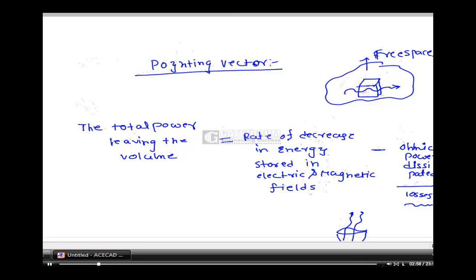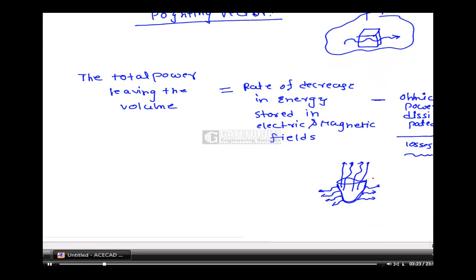So the rate of heat decreasing from the upper side, and some losses due to this vessel surface. Okay, so we can compare with this example. The total power or total energy leaving is nothing but the total power going from the upper side and some losses due to the vessel surface.